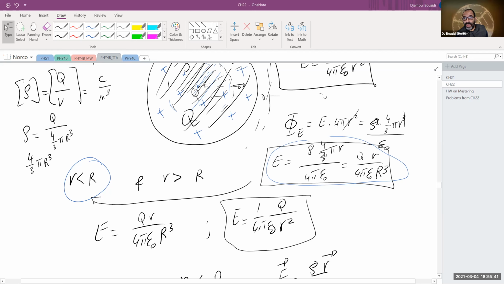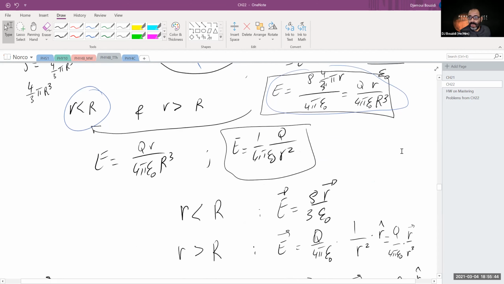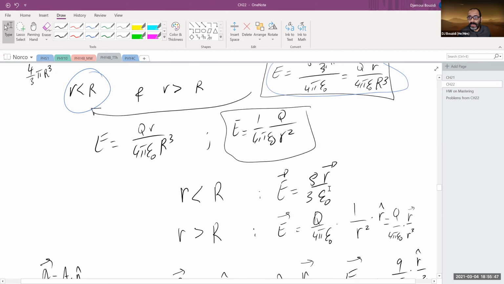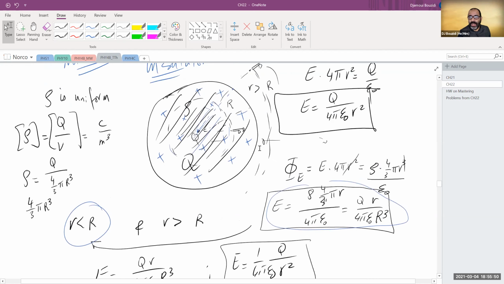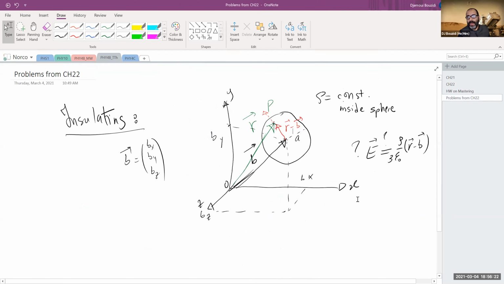In this case, we wrote it as E equals rho divided by 3 epsilon naught times the vector R. The vector R points from the origin of the sphere all the way to the point where we want to find the electric field. So I'm going to use that expression for this problem.